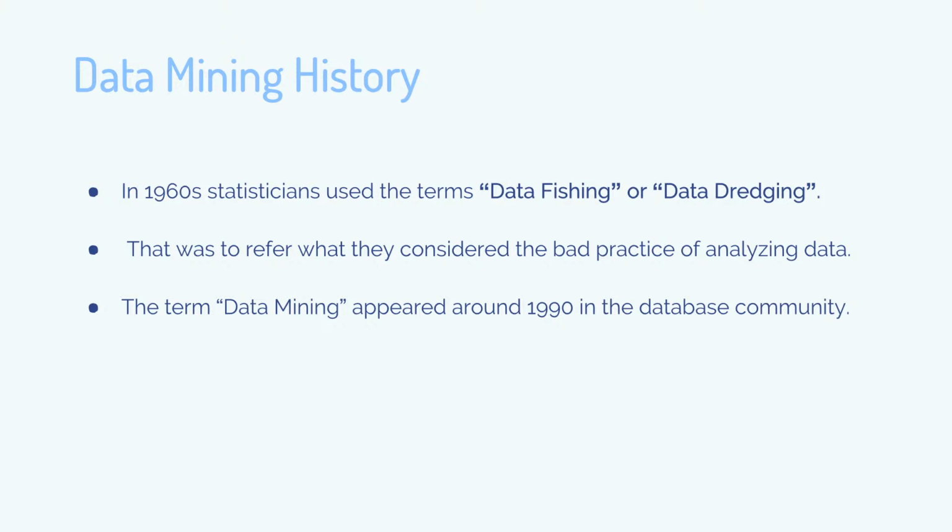These words look somewhat weird, so in 1990 they changed the name from data fishing or data digging to data mining. So the word data mining is referred to as analyzing data.